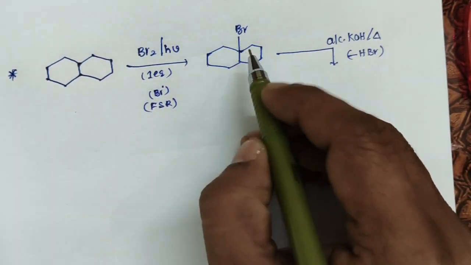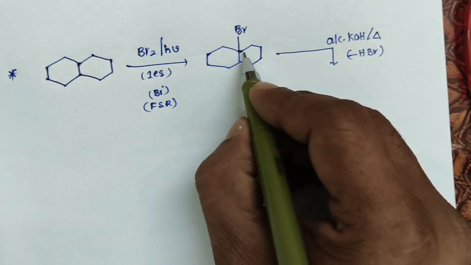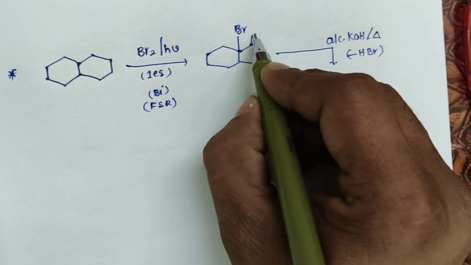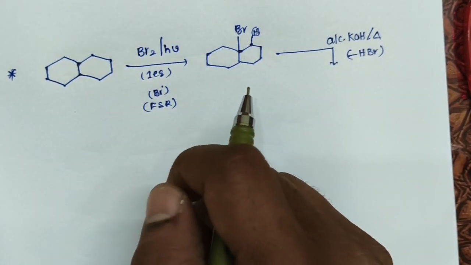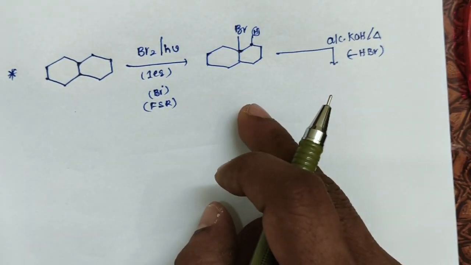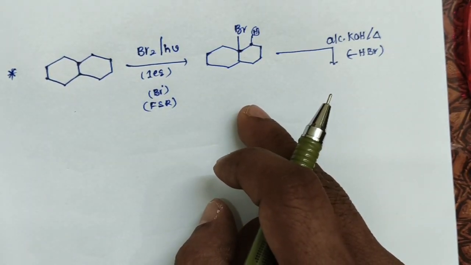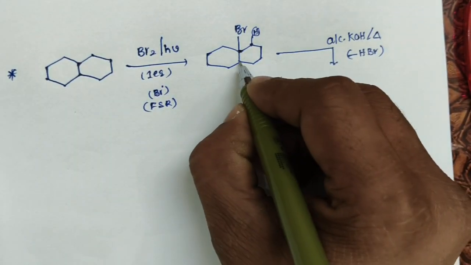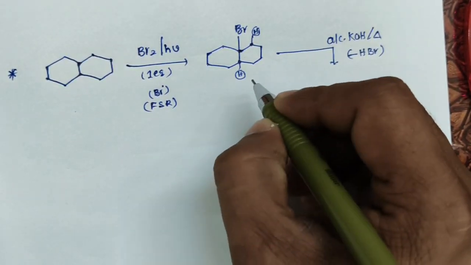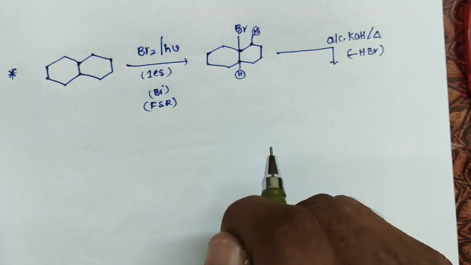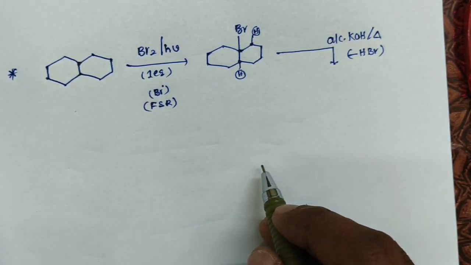Bromine is already attached to this alkyl part, it is the alpha position. The remaining adjacent carbon, where a hydrogen is present, is the beta position, either left or right. So it is involved in dehydrohalogenation, and another position is also there, here also another one, these two are the same, here one more hydrogen, it is also beta. Here it majorly undergoes the dehydrohalogenation process.